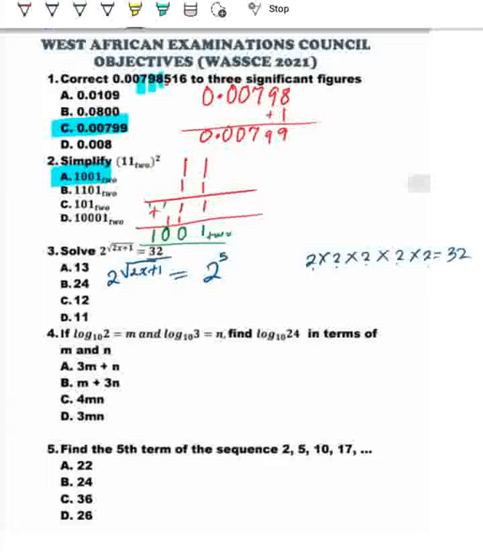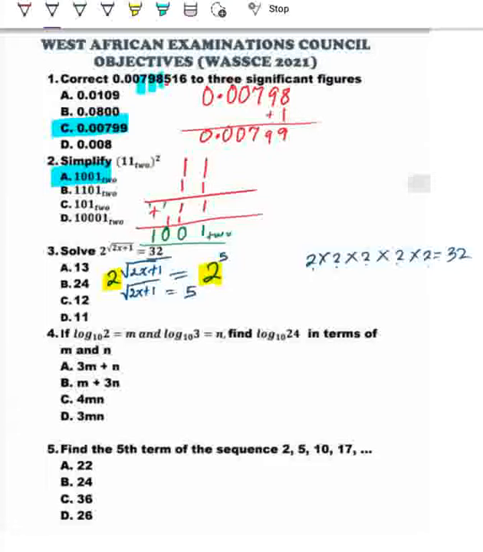So we have the same base now, 2 and 2, and we compare the powers. We have root 2x plus 1 equal to 5.